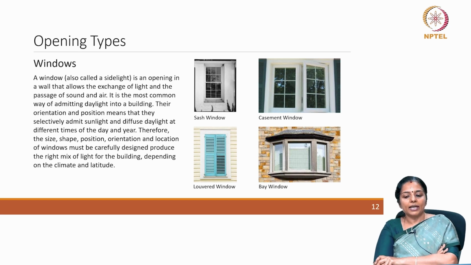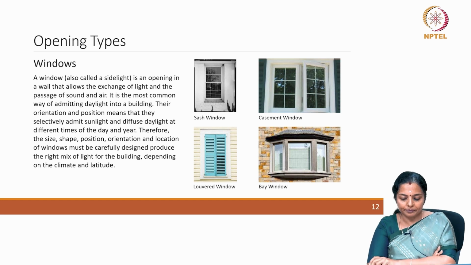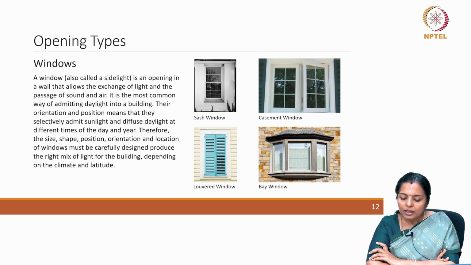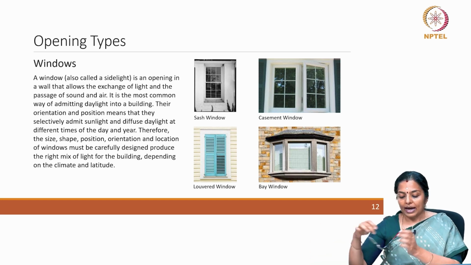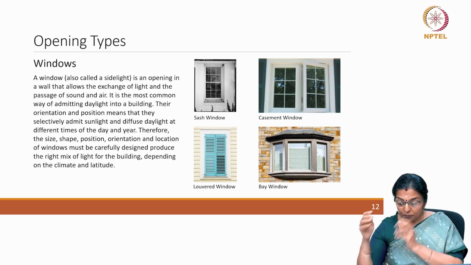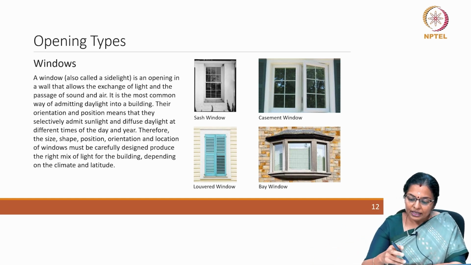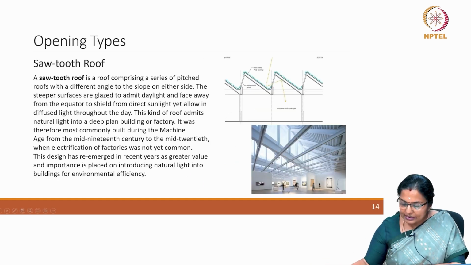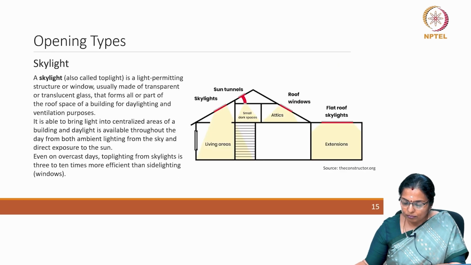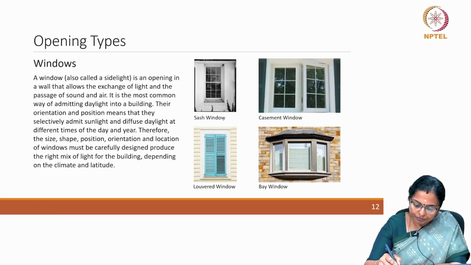There are many types of openings. We will look at the 4 commonly used openings. The first is called a sash window, and as can be seen in the picture, the sash window is the simplest form of window.